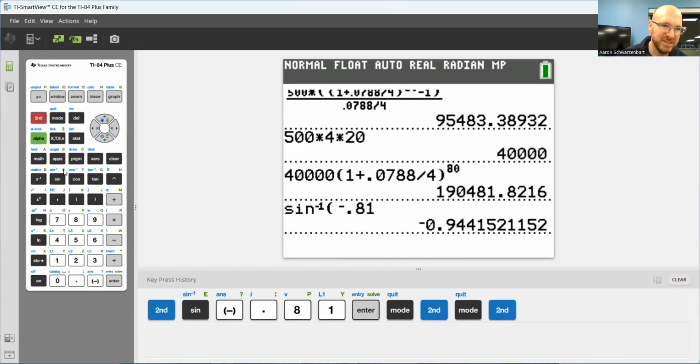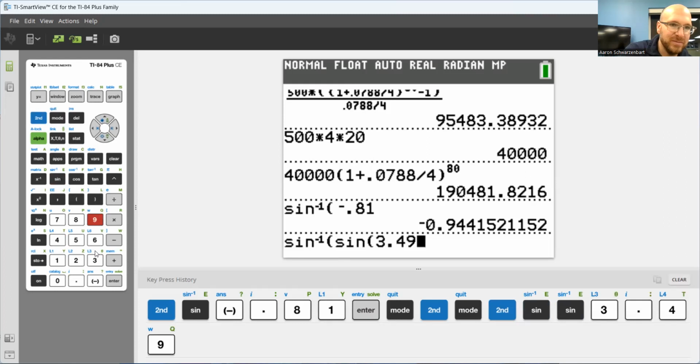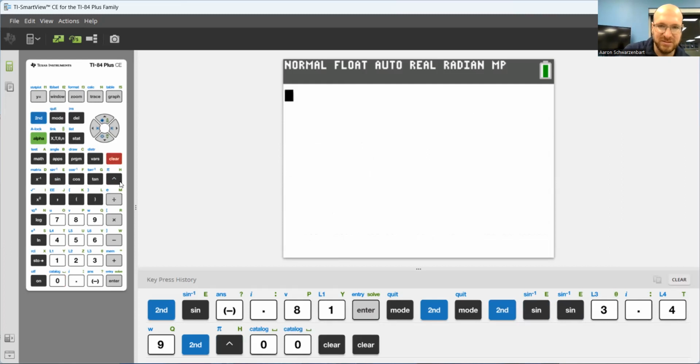I can do the inverse sine of the sine of 3.49π. I'm going to close parentheses since I got two. Oops. Trying to use my keyboard and not the calculator keyboard.